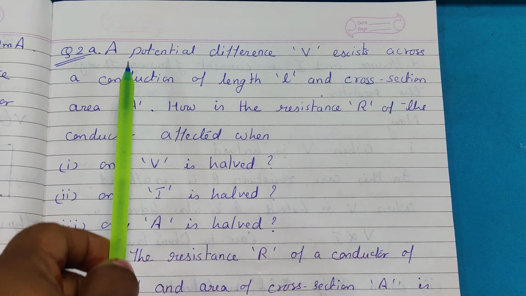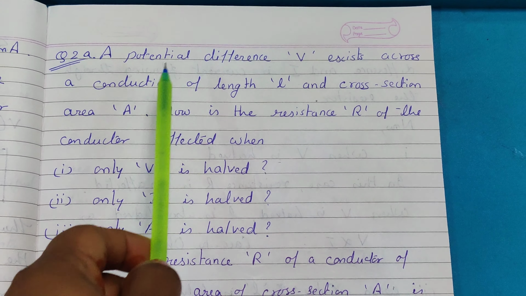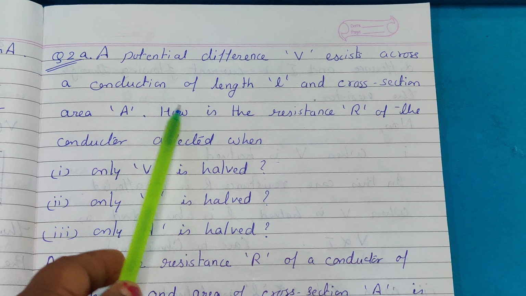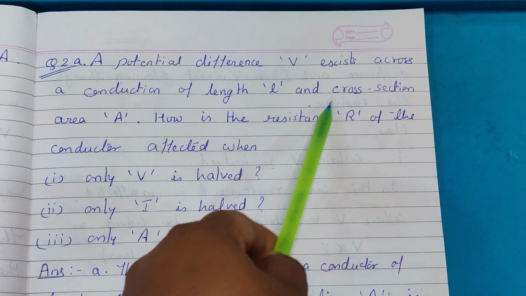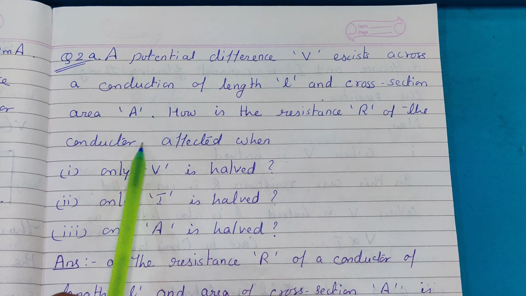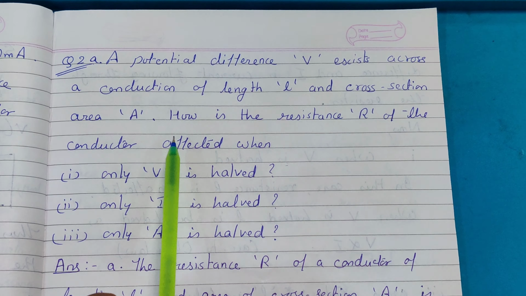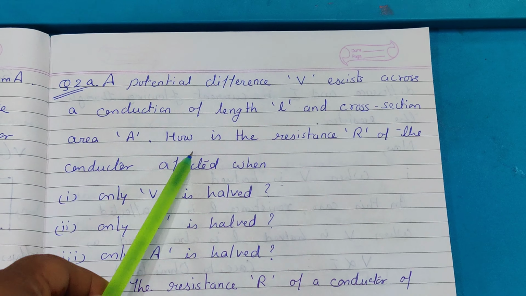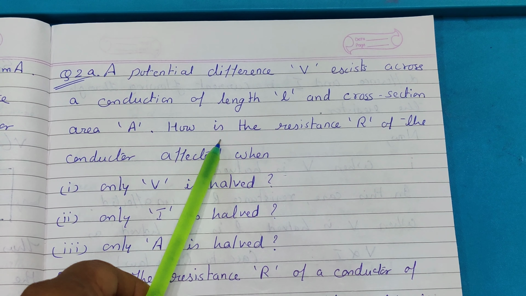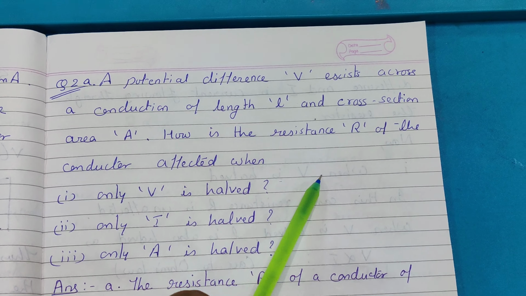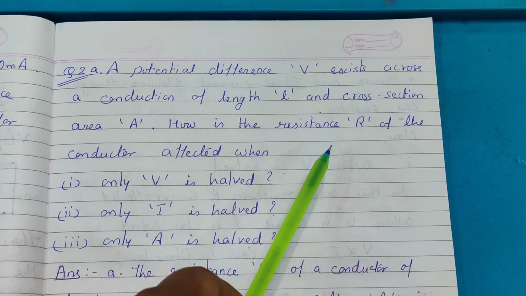We know R equals rho L upon A, the formula of resistance.